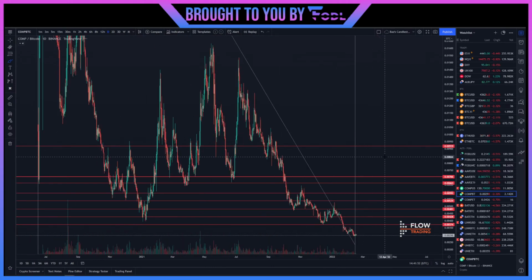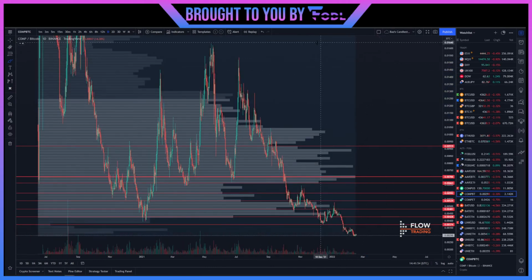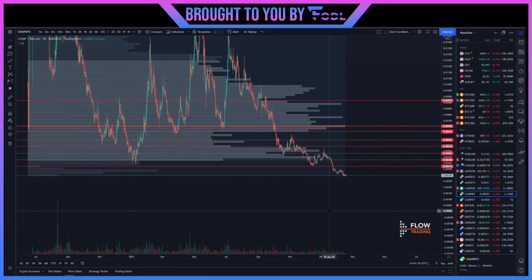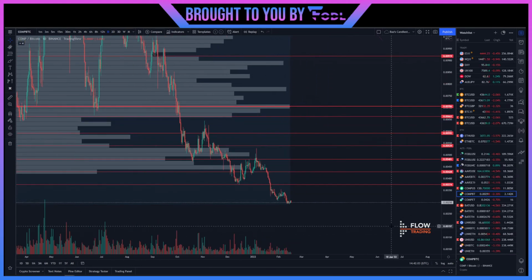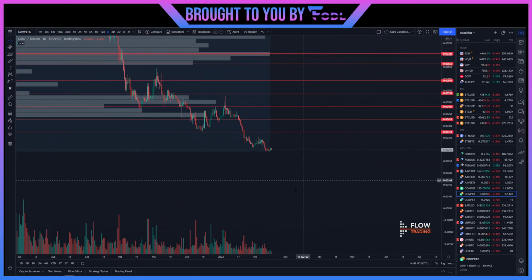Compound versus Bitcoin. Well, we're back at all-time lows. Unsurprisingly, I think I actually said that to you guys. I said that this just continues to print lower lows and lower highs, and we just really have to start looking at big round numbers. So 298, let's say 300 sats.